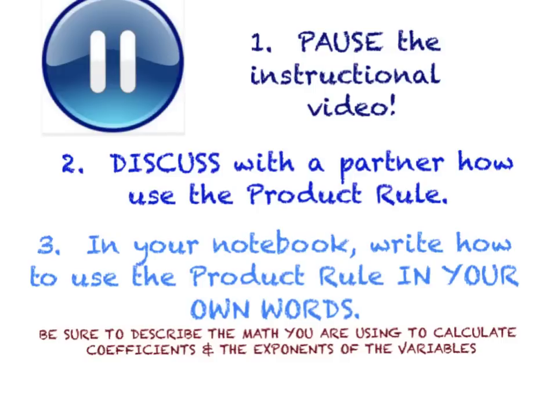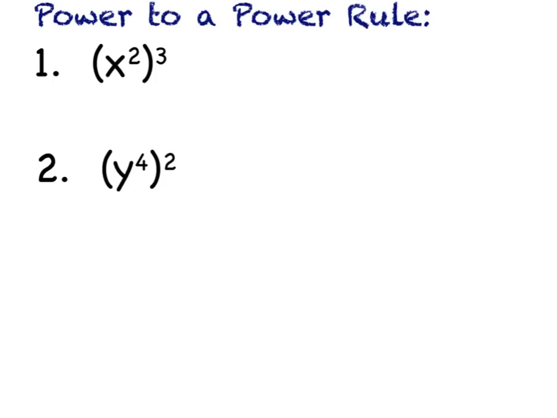Be very specific when you're writing down how to use the product rule. Make sure you reference how to calculate your coefficients and how to calculate the exponents of the variables in your example. Pause the video, do steps 1, 2, and 3, and resume the video when you've got your notes jotted down in your notebook.